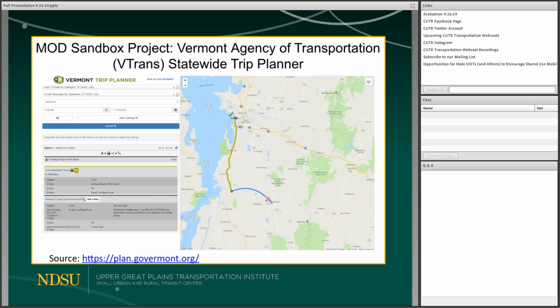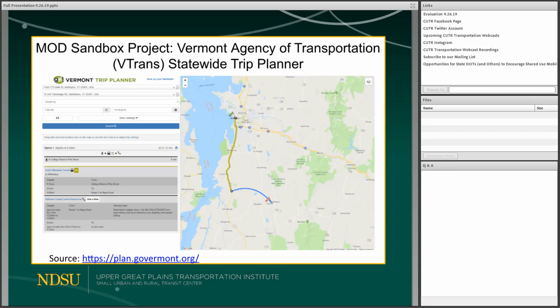And in this trip planner, when a daily ride transit option is included in the trip itinerary, the trip planner provides further details about service availability, the phone number for making a reservation, and the minimum advance reservation time needed. Well, we also have Google Trip Planner to perform such an activity, but it is primarily used in urban communities for fixed route services.